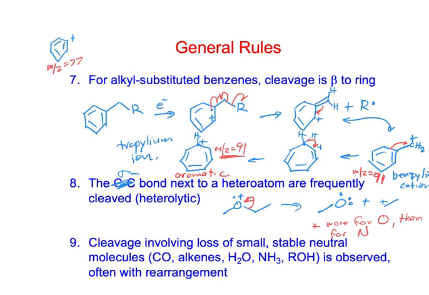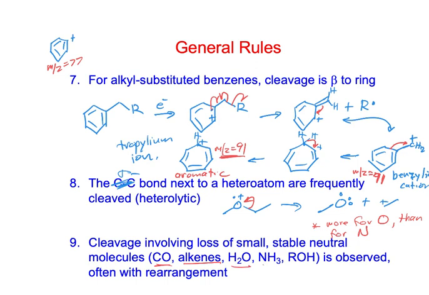Okay, so sometimes we can also see cleavages where we lose some small stable neutral. This often requires some type of rearrangement. So we can lose carbon monoxide, alkenes. We've seen loss of those in those McLafferty type rearrangements. You can sometimes lose water from an alcohol.